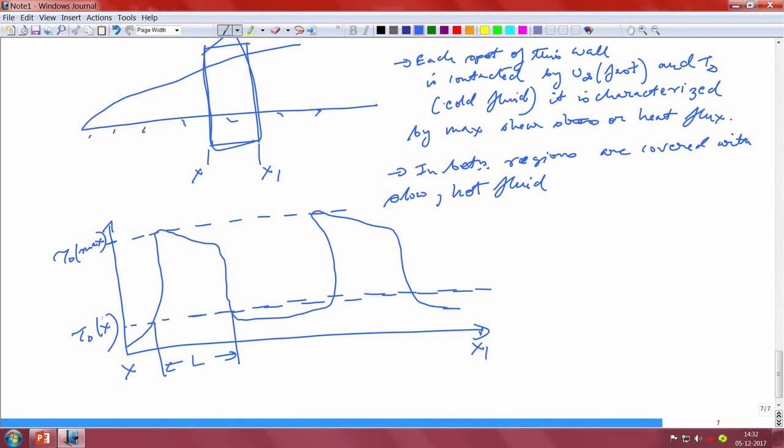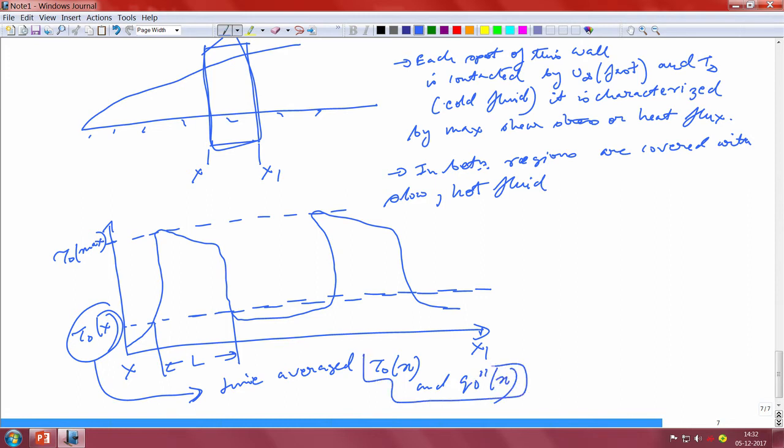So, basically these are the time averaged quantities, which are tau naught x and q naught double prime x. Both of these are time averaged quantities.